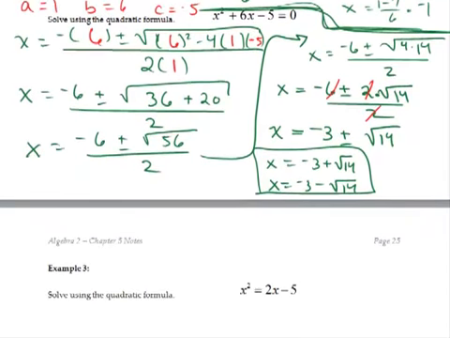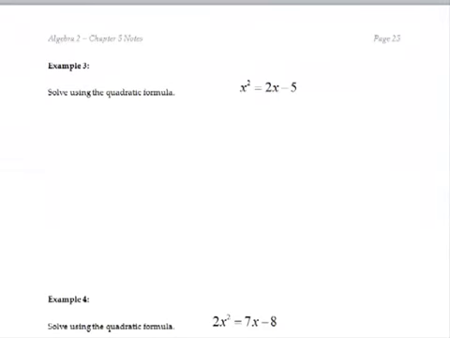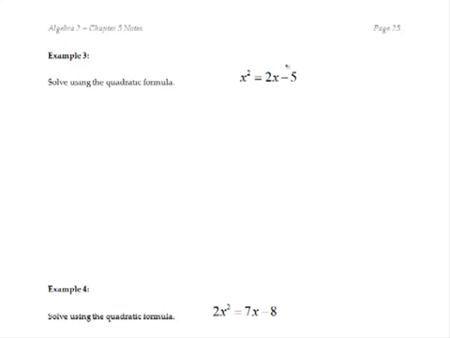Another thing that we'll have to look out for, first of all, let's get it set up correctly. Let's move everything over. It does not matter which side we move everything to. Let's just go ahead and move this left-hand piece, since that would be quicker and easier. So we get 0 equals negative x squared plus 2x minus 5. So we have an a value of negative 1, a b value of 2, and a c value of negative 5.